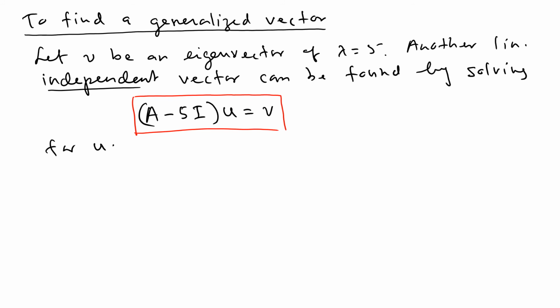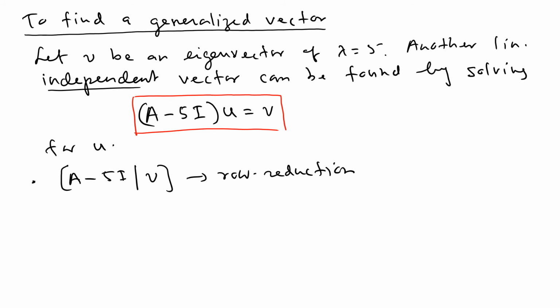We're going to use simple linear algebra arguments. We're going to look at A minus 5I augmented with v and do the row reduction. That's going to give you the u vector.